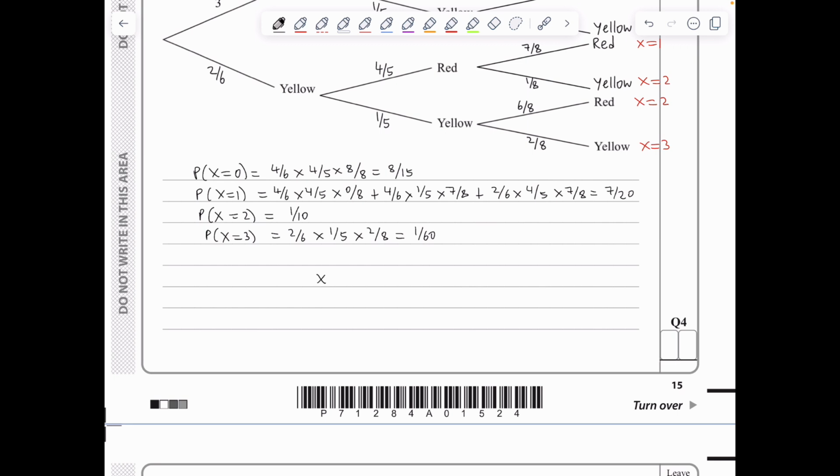X can attain the values of 0, 1, 2, and 3, and the associated probabilities are the ones we just found: 8 over 15 for 0, 7 over 20 for 1, 1 over 10 for 2, and 1 over 60 for 3. You can easily check that these add up to 1 to confirm that you've got a valid probability distribution.